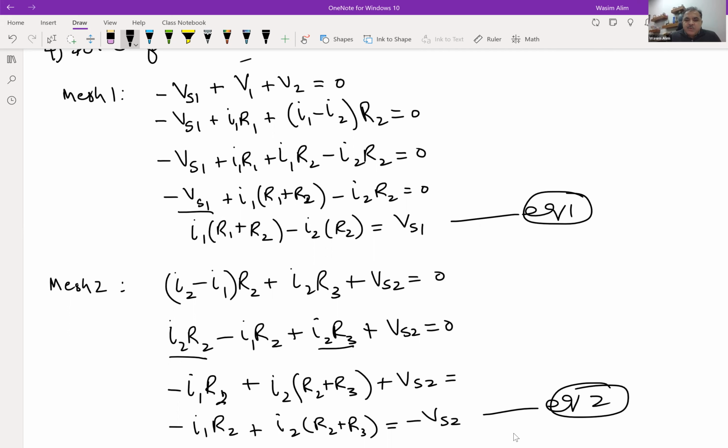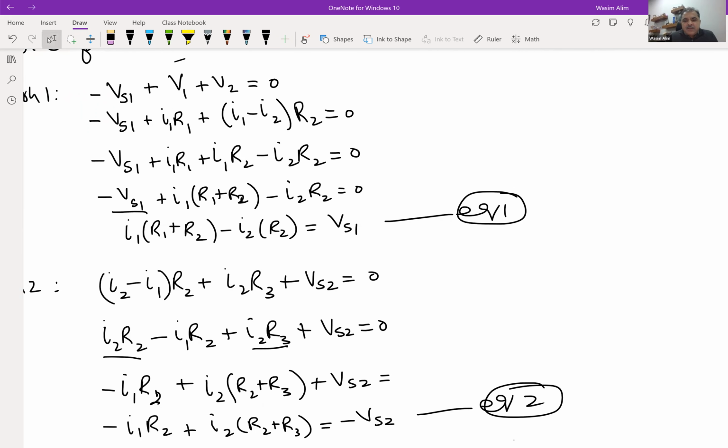So at this point, you should be able to proceed further by solving this problem, or you can also write it in the matrix form. So I'll just write it here so that I have a view of both these equations.